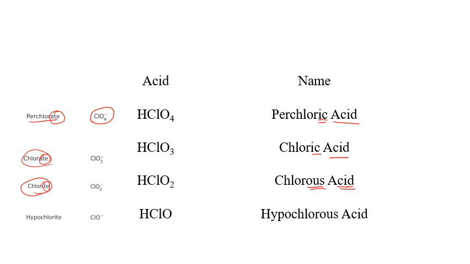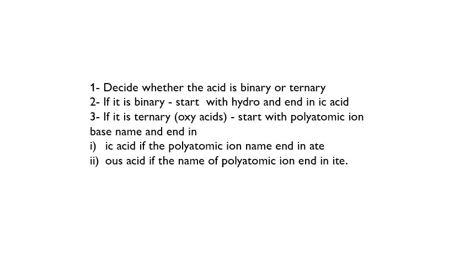And now one more example, hypochlorite. Again, ITE ending, ClO. And we have to change that ITE to OUS. So hypochlorous acid. So that's the only thing you have to remember. So it is only three things you have to remember. What are they? First, decide whether the acid is binary or ternary.